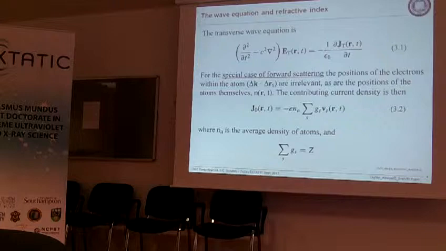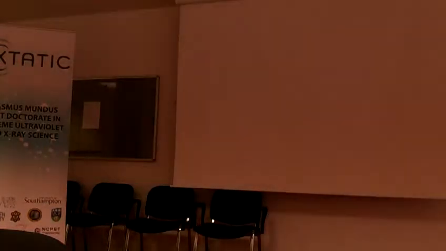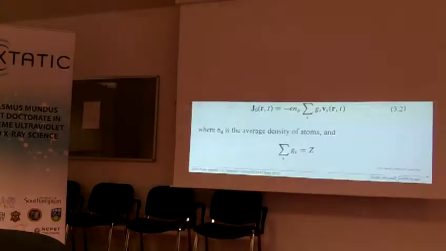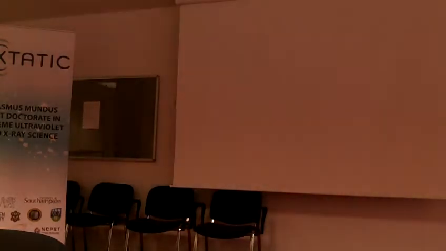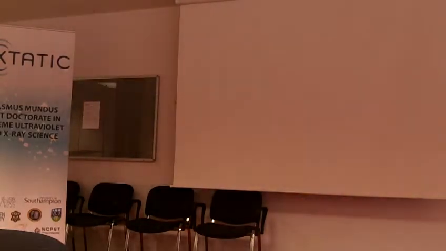I'm counting back from the back. 1, 2, 3, 4, 5, 6. There's one that starts with the title, The Time Derivative of the Current Density, and it shows this equation of motion. Where are we here? Yeah, this one. Let me just hold yours up.